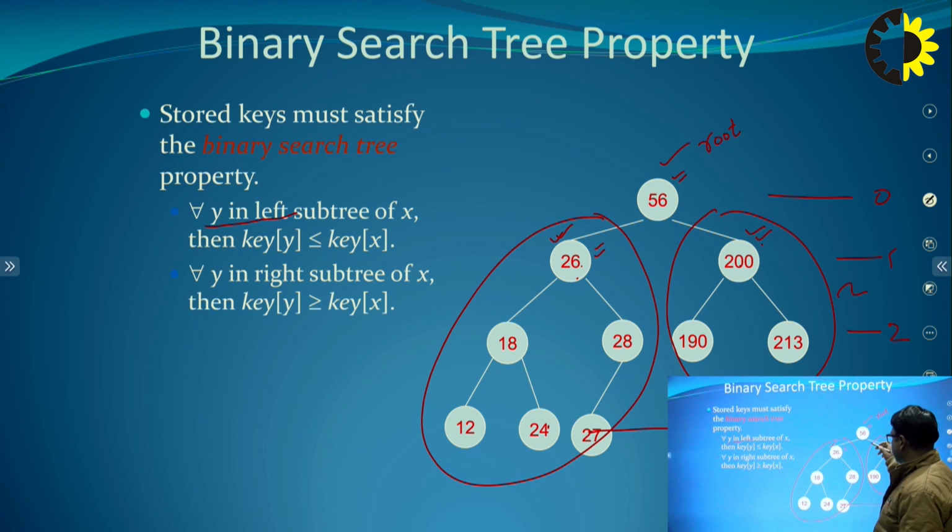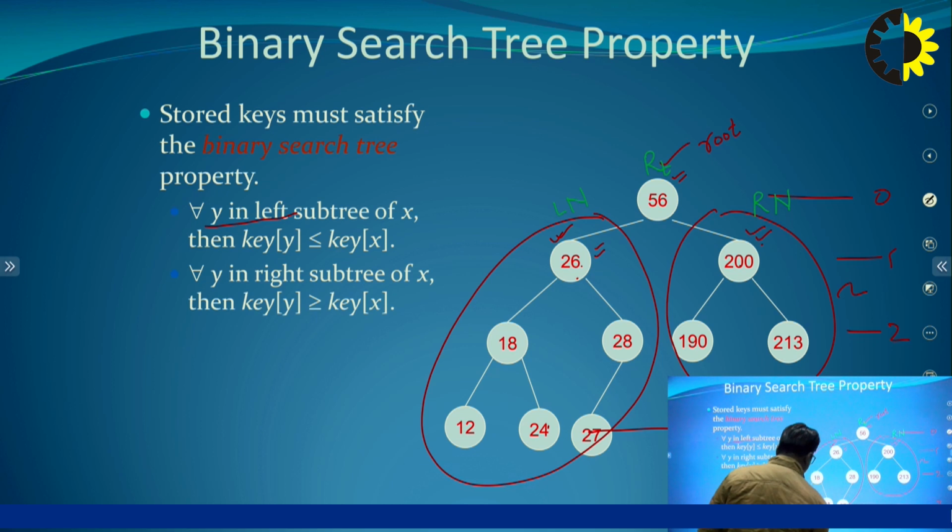Here, if we consider this tree in the case of in-order, this is the left node, this is the right node, and this is the root node. In-order traversal, in the case of a binary search tree, is a mirror image.